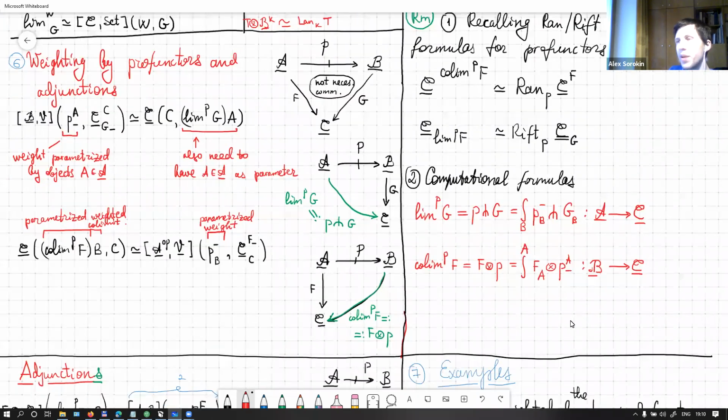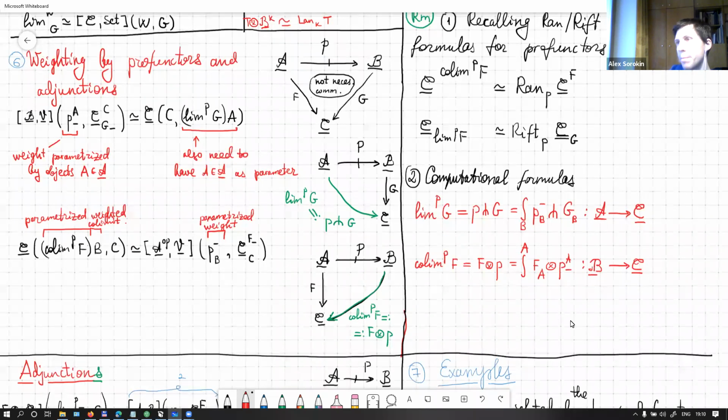So if I am picking up a profunctor P, which is going from category A to category B, I will remind you that it's a bifunctor from A tensor B to the category V, the cosmos V. If I'm picking up such a profunctor, it will generalize both the weight for limit and for colimit respectively. So once I have such a profunctor, and in the first case a functor G from category B to category C, I will write down the same formula as you see right now, the first black formula in the left column.